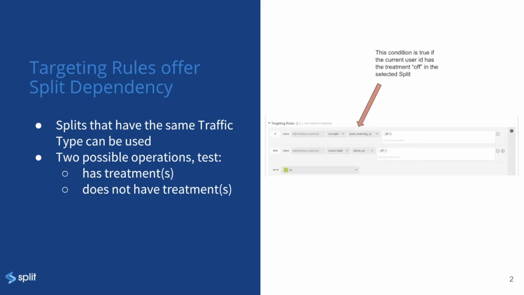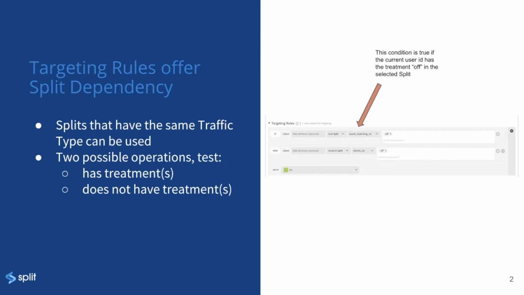The first one is, if the traffic type ID or the user ID that I'm using participated in another split, what would be the outcome, which would be the treatment for that user ID in another split? Meaning the same user ID I'm using in my split, if it participated in another split and got a specific treatment, then I can make a decision to serve a specific treatment on the current split.